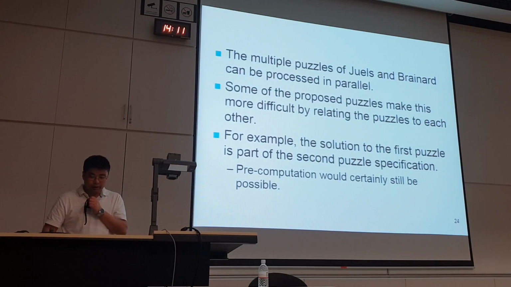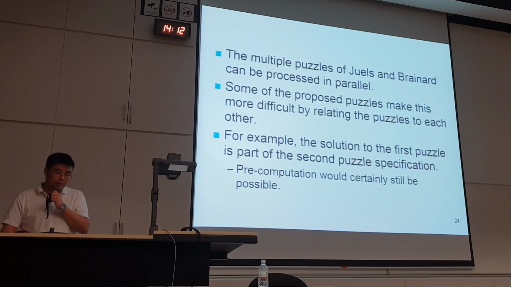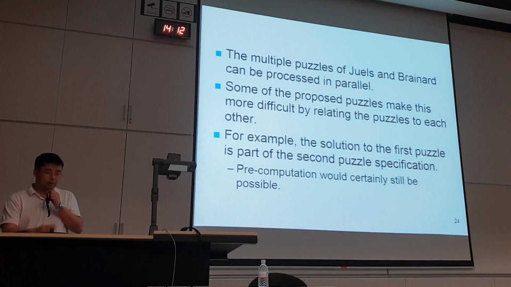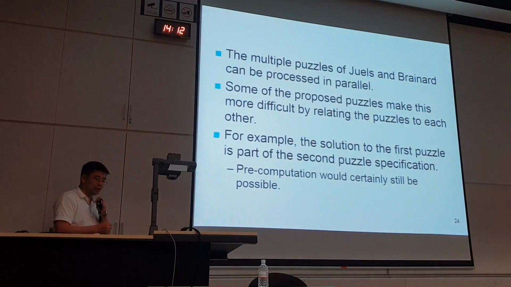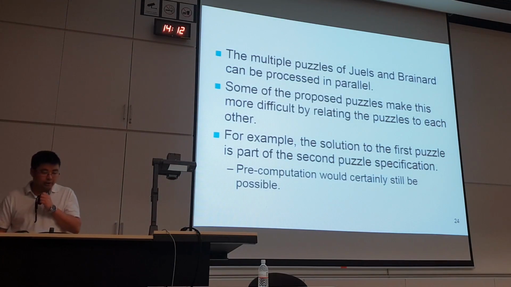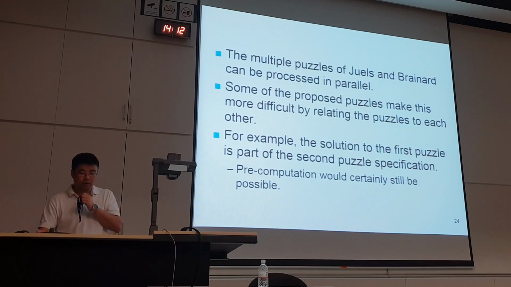Right, and then in the client puzzle we looked at in the first part of the lecture, we can solve the client puzzles, the subpuzzles, in parallel. That means similar to blockchain, you can do the search in parallel. To make the puzzle even more difficult, you can try to make this kind of client puzzle related.